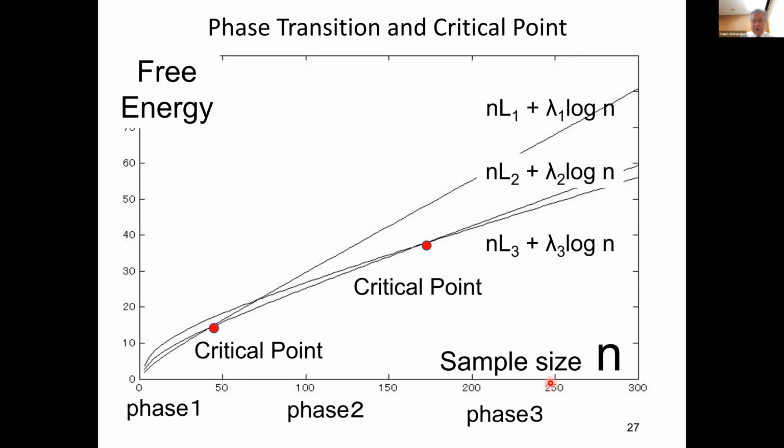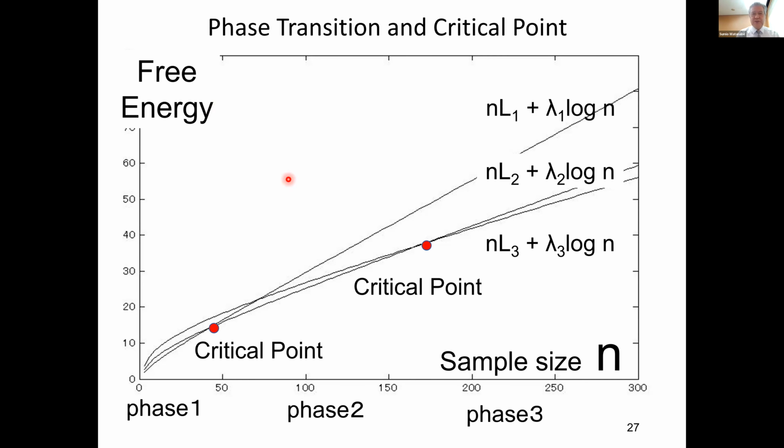Here, the horizontal line shows the sample size, and the vertical line shows the free energy. The free energy is equal to the minus log posterior probability of a parameter space. Here are the local free energies of model 1, model 2, and model 3. Here you can find a critical point, and the model which makes the minimum free energy is chosen by the posterior distribution automatically.